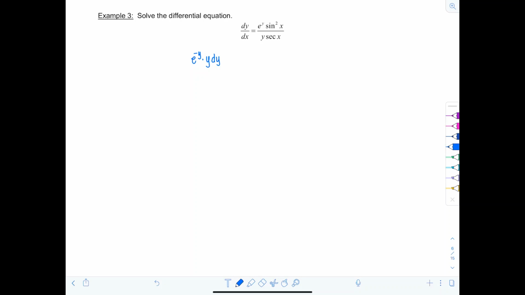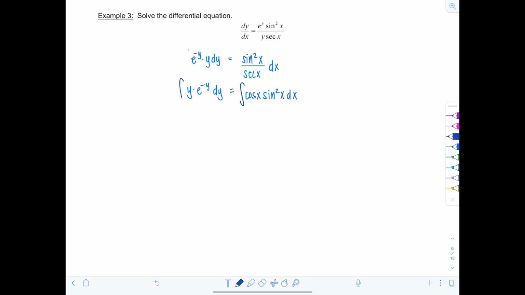So I have e to the negative y times y dy on the left-hand side, equals sine squared x over secant x dx. Okay, I'm going to clean this up a little bit. Let's write this as y times e to the negative y dy. And then if I have secant x in the denominator, that's the same as having cosine x in the numerator.